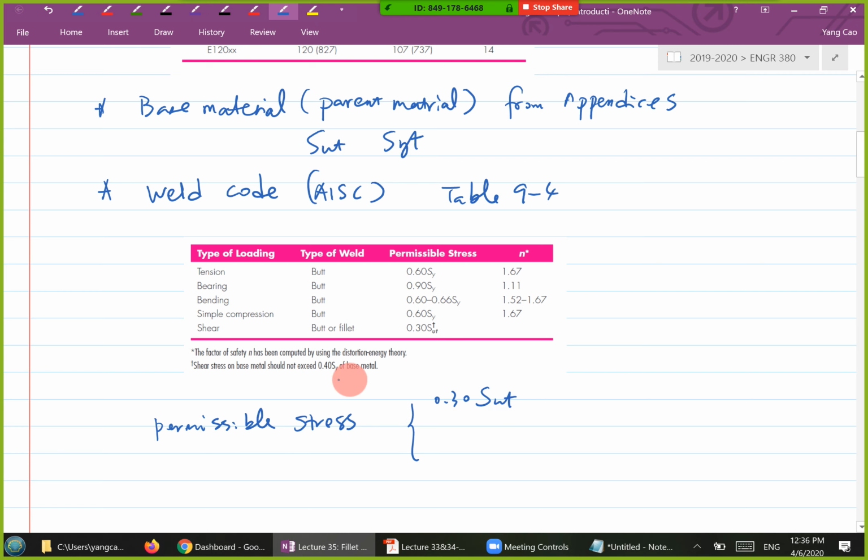Another one, if you read the footnote, says the shear stress on base metal should not exceed 0.4 SY of the base metal. So we need to consider both of these here, because we're considering not just the electrode, but also the base material. We're going to use both of these equations to find the permissible stress, right?